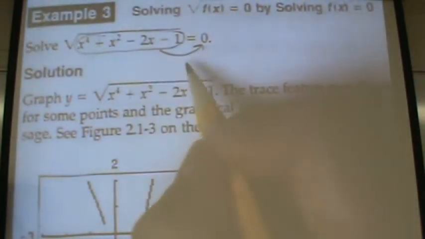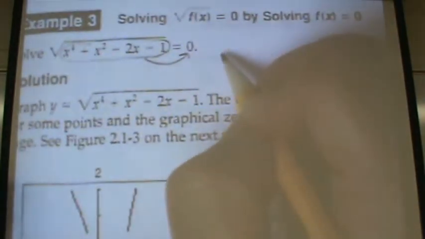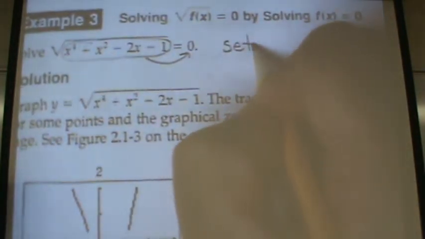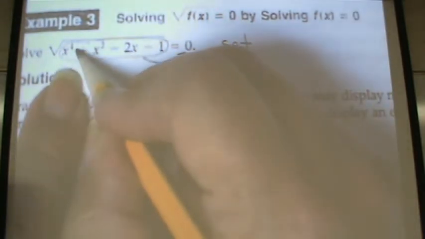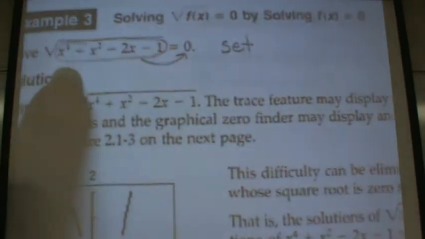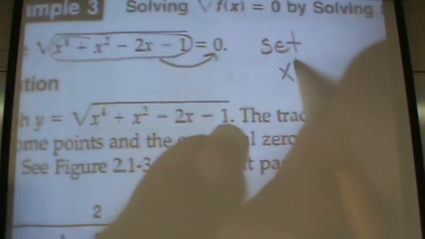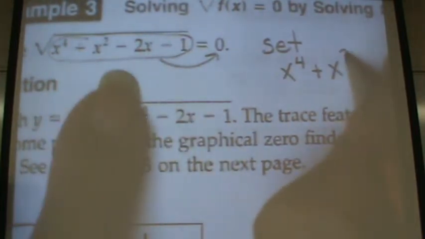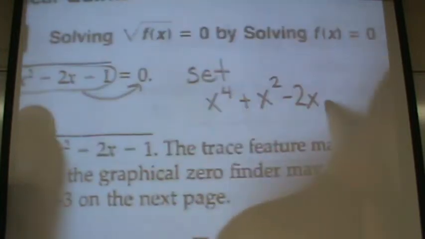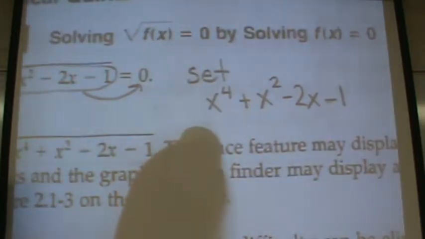So in a case like this, when you have a radical, you're just going to set what's underneath it, only when it's set equal to 0. You set x to the 4th plus x squared minus 2x minus 1 equal to 0. By the way, this is hard to read, I understand, these are all in your book though. Do not use the square root because it's not going to give you the picture.